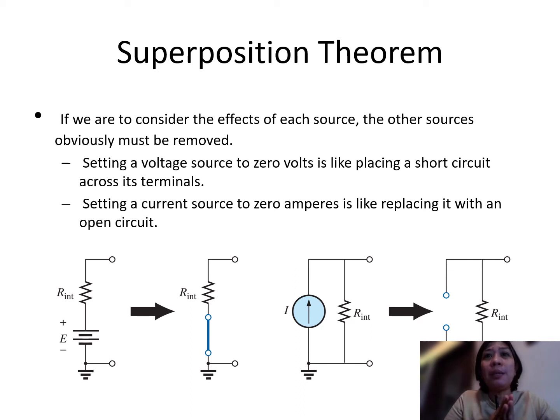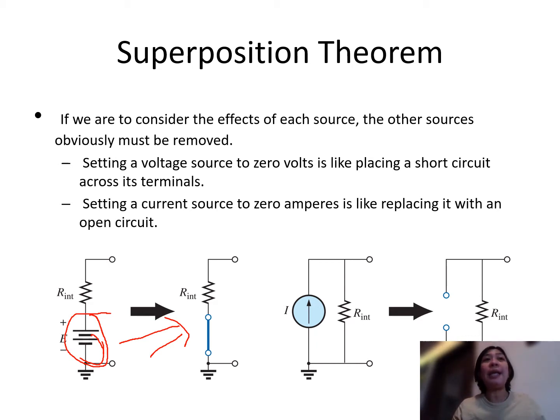We are going to replace that voltage source with a short circuit, just like what we have here. For example, we want to remove this source while analyzing using the superposition theorem. How are we going to do that? We are going to replace it with a short circuit.